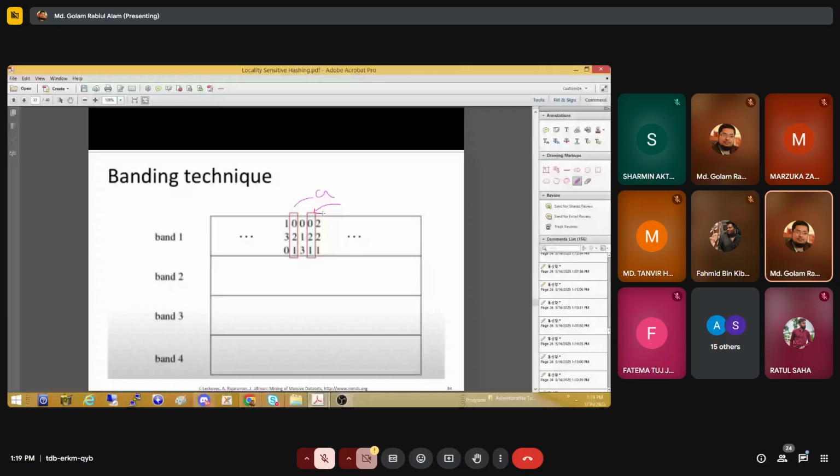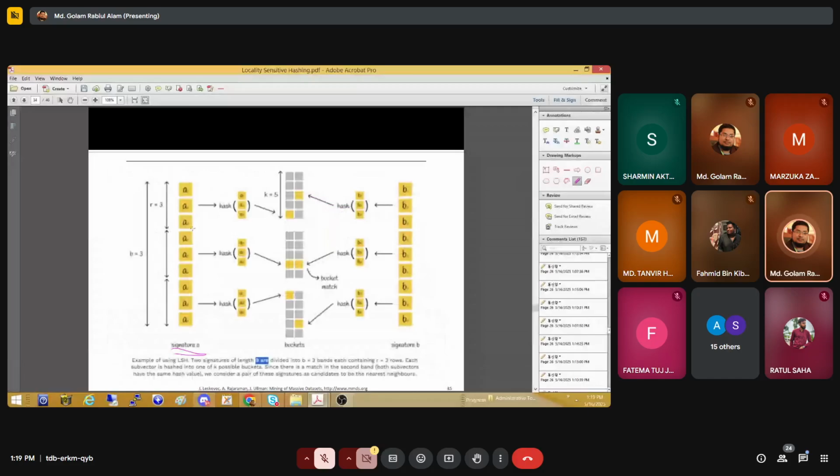Okay, so now what we have to do: consider this signature and the part of it, and then apply some form of hash function, and this hash function will locate a bucket for that. And for signature B, apply some form of hash function, it will also locate a bucket. Similarly, the next part, apply the hash function, it will be bucketed here.